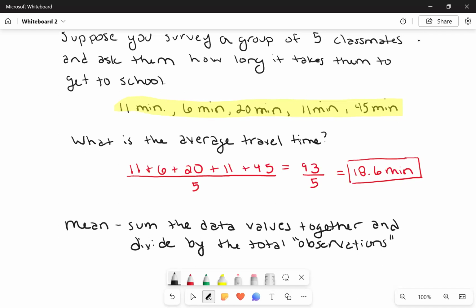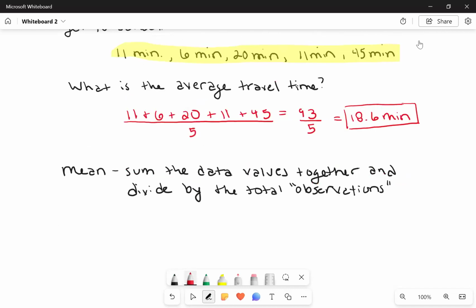A lot of people like this version of finding an average because it feels like you are taking into account all of the data. So the mean takes into account all of the data.